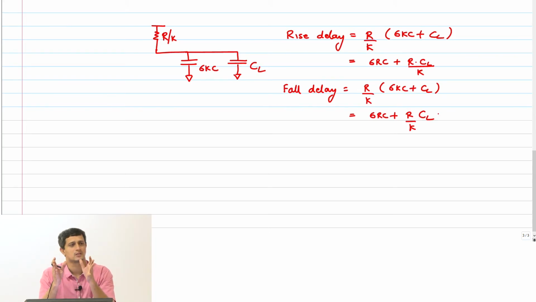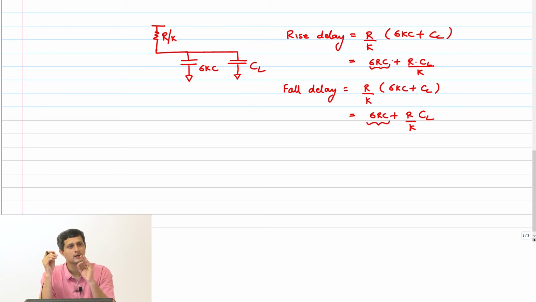So what does this tell us now? The delay has two components. One is a parasitic delay, which is completely independent of the gate size that we have chosen or the gate's drive strength that we have designed, right? 1x, 2x, 3x, it doesn't matter. The parasitic delay is a fixed number.